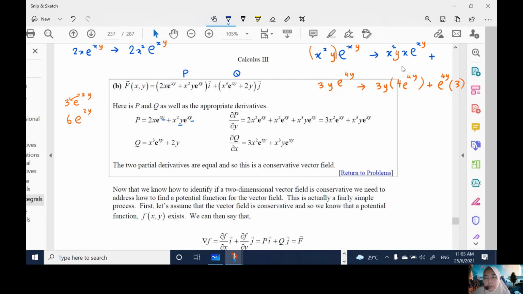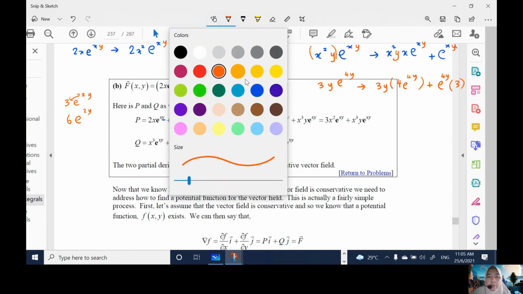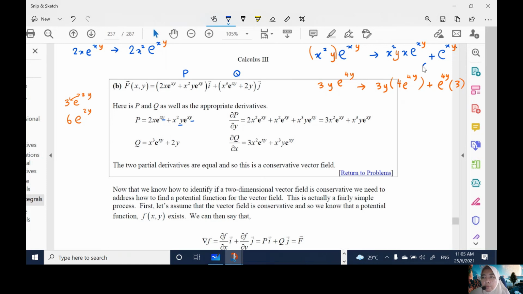Okay, so you can compare, the process is the same thing, yeah? The second one, take the second part here. Take e^(xy), then combine with differentiating the one in the bracket. x squared is a constant, right? So how do we differentiate, let's say, 3y? You will get the constant, so y will be removed. So we have x squared.